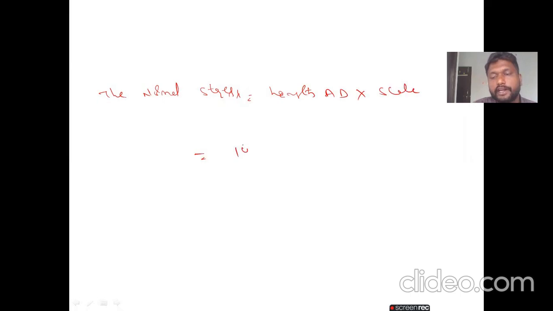Now the normal stress is equal to length AD, whatever we got, times scale. The length we got is 10.50, and the scale we took is 10, 1 centimeter equal to 10 Newton per mm square. We got 10.5 centimeters, so finally we got 105 Newton per mm square.